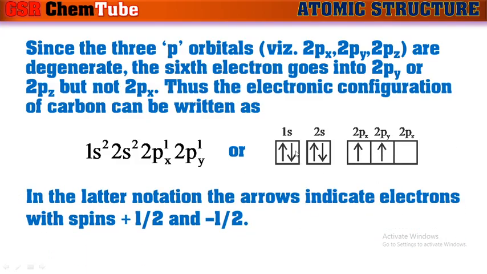In this notation, these arrow marks represent the electrons. The arrow shown in the upward direction represents the electron with clockwise spin, and its spin value will be plus half, whereas the arrow showing downwards represents the electron with anticlockwise spin, and its spin value will be minus half.